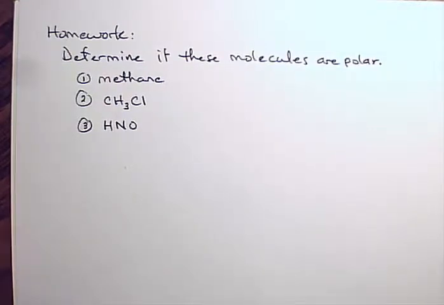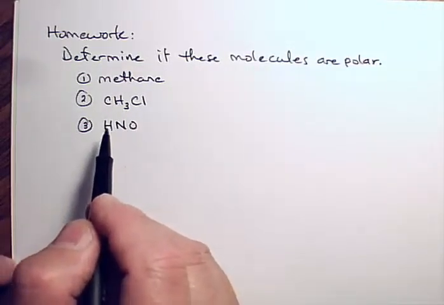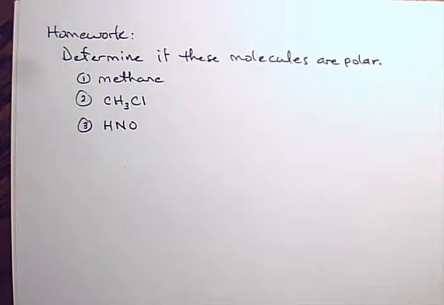Got that? So the second one, these two right here, we haven't actually done one like that, but I told you about those, where we have more than one kind of atom around the central atom.